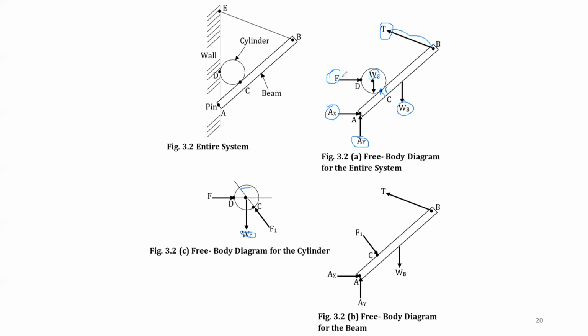And the force which was acting on the cylinder in the horizontal direction, or the x direction, must also be represented. Now this F1 here initially was not visible, because we had not isolated the cylinder from the beam. Now after isolation, because it is in contact with this body, now we can bring the F1 here. So for the cylinder alone, this is the free body diagram.